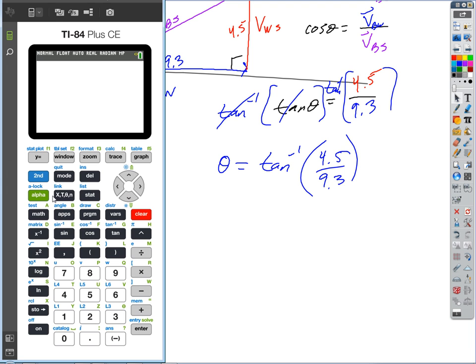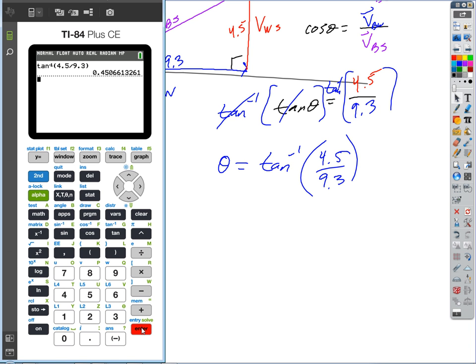Inverse tangent sits behind the tangent. Inverse tangent of 4.5 divided by 9.3 equals. That seems kind of weird, that can't be right.